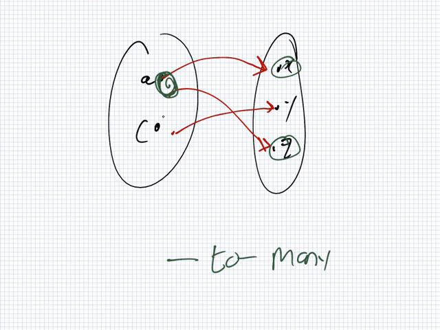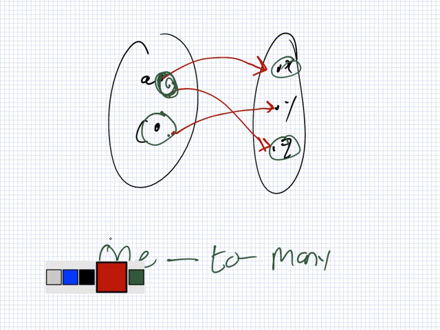But different values here give me different answers. This one gives me X and Z and this one here gives me Y. So then it's one to many here. Is it onto?